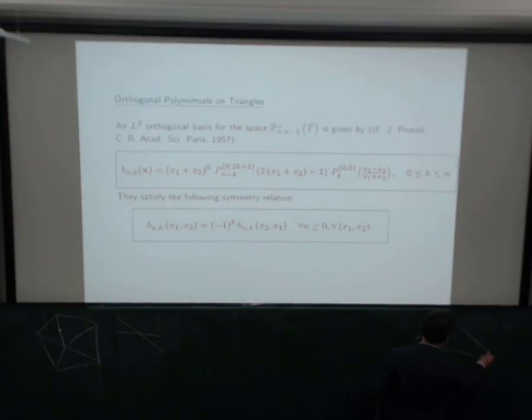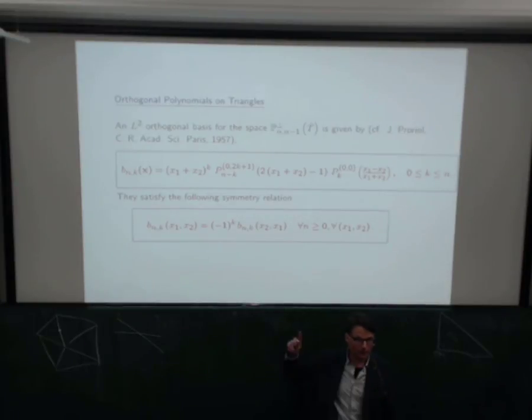So at the moment I'm doing things only on the reference element. So I have this element, and these polynomials, there are two types. For even k, they are symmetric with respect to reflection at this angular bisector through the origin, and the odd ones are antisymmetric, right?